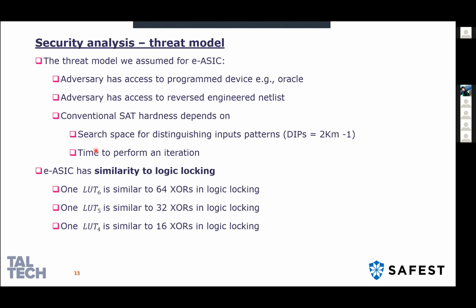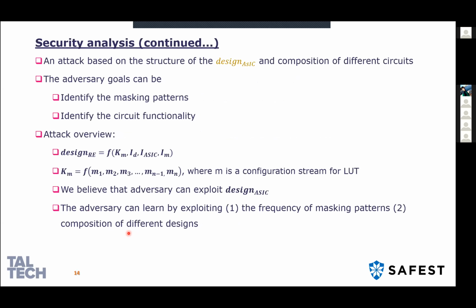So we have some similarity to logic locking. For example, one barrier, let's say LUT6, is similar to 64 XOR gates in logic locking. In the same way, LUT5 is similar to 32 XORs, and LUT4 is similar to 16 XOR gates in logic locking consequently.